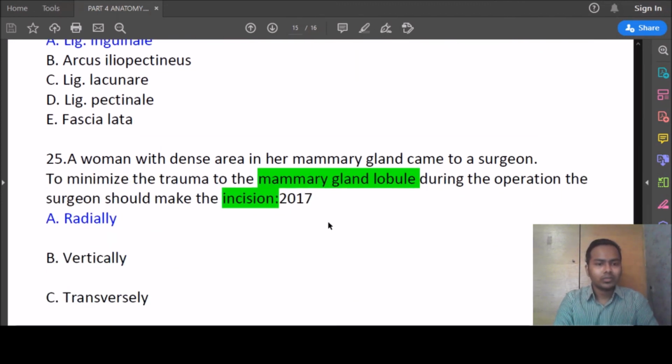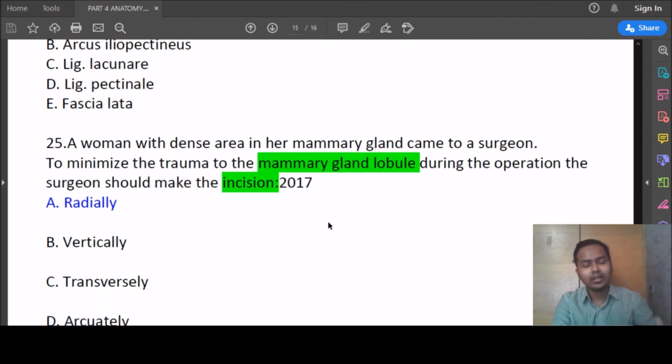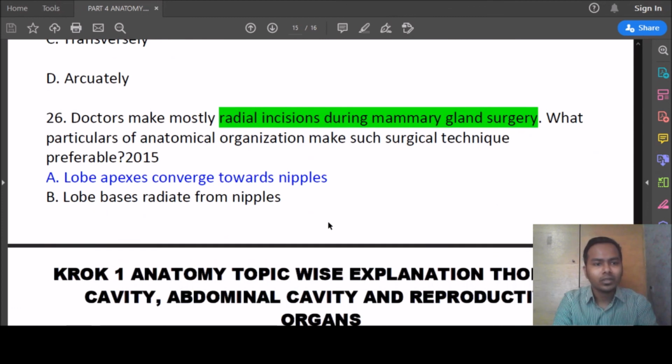A woman with a dense area in her mammary gland has come to the surgeon. To minimize trauma to the mammary gland lobule during the operation, the surgeon makes the incision. To remove the gland lobule, we have to make the incision radially. The doctor makes a radial incision during mammary gland surgery.